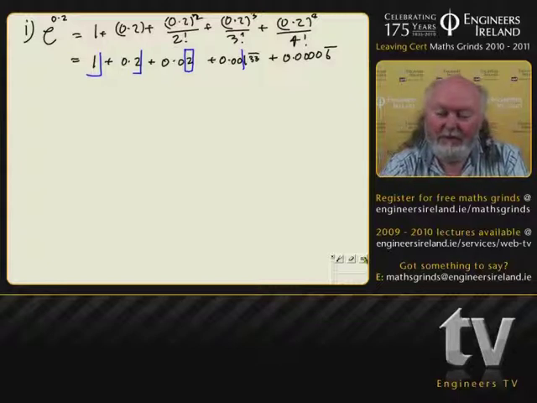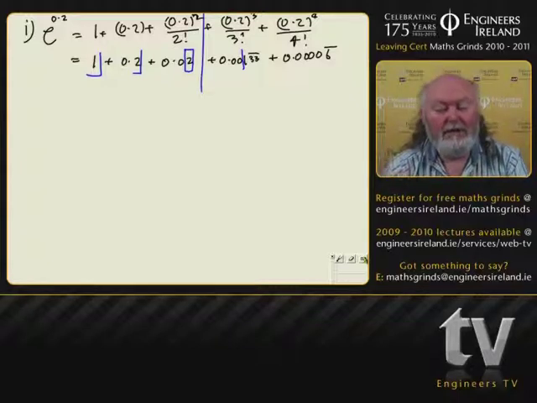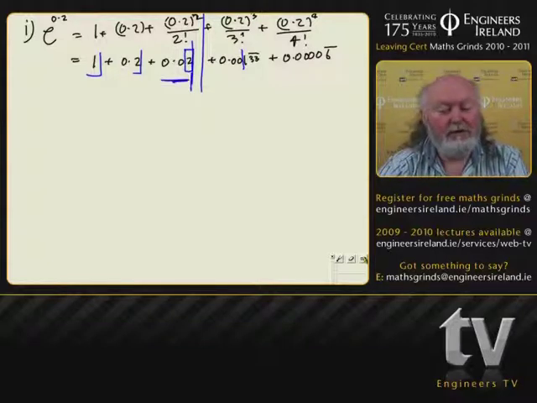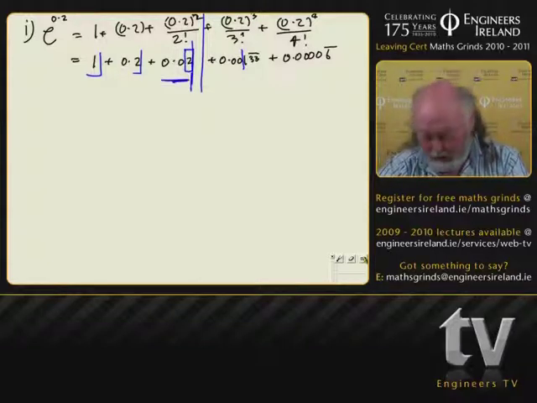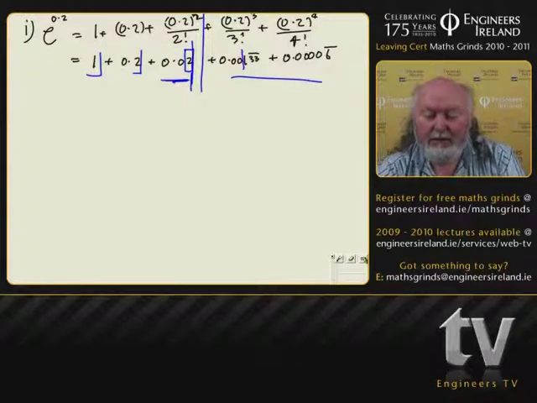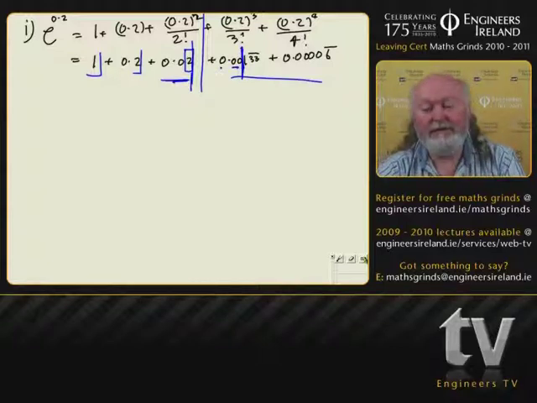What it means is, once we've got 3 of these, nothing in the following terms is going to interfere with that amount in the answer. So we will have 1.22, and no matter how many more we add, it won't change the 1.22. The new terms coming in add nothing to the first 2 decimal places.